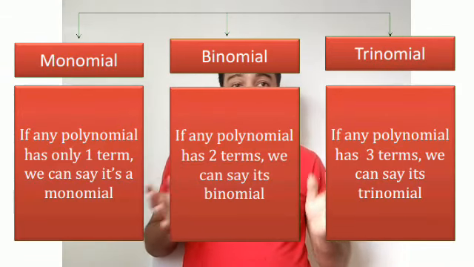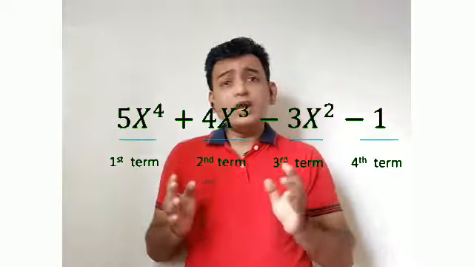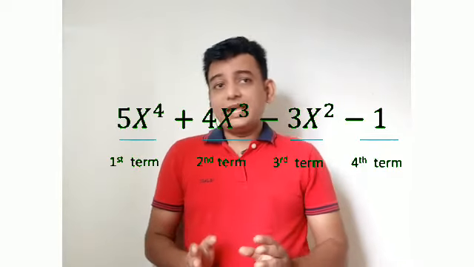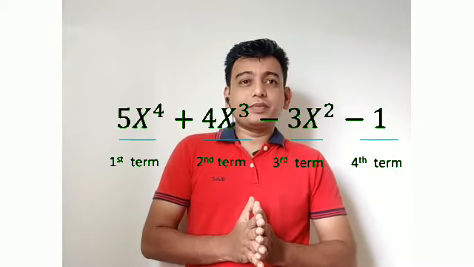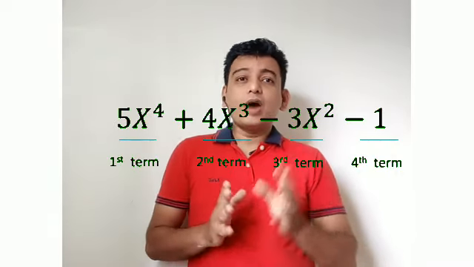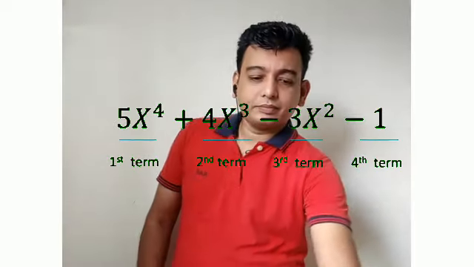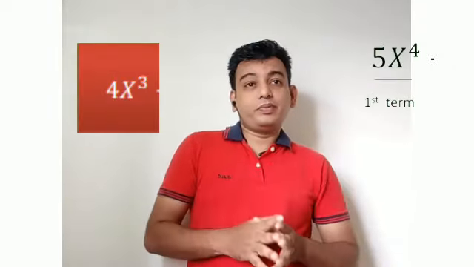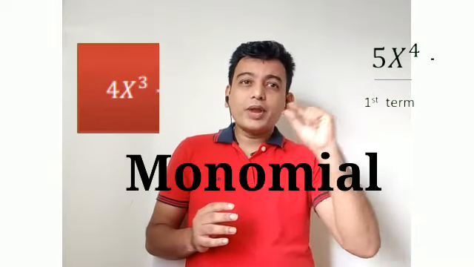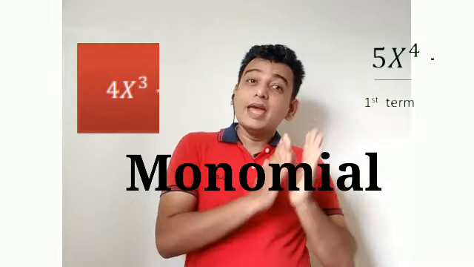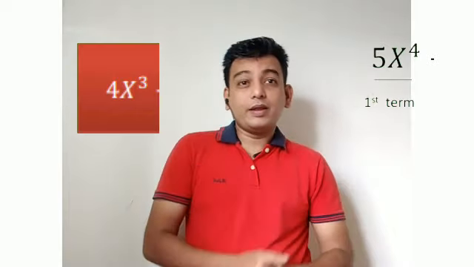If any polynomial has only one term, then we can say that this polynomial is a monomial. Let us see one example. 4x cube. Here the term is only one, 4x cube. That's why this one is our monomial.